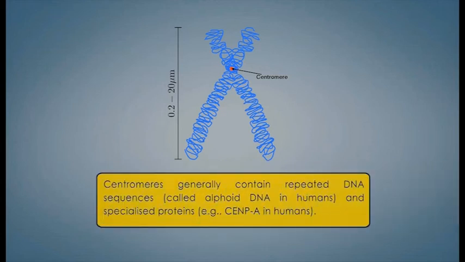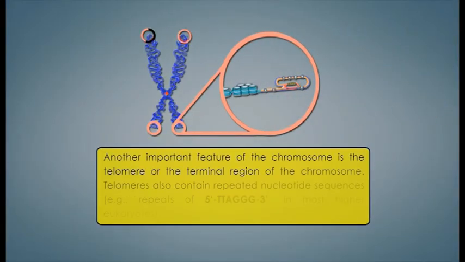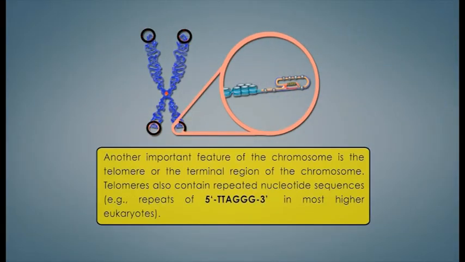Centromeres generally contain repeated DNA sequences called alphoid DNA in humans and specialized proteins, for example, CENPA in humans. Another important feature of the chromosome is the telomere or the terminal region of the chromosome.